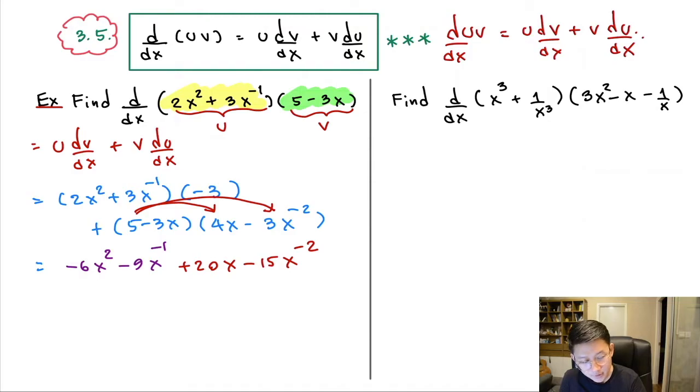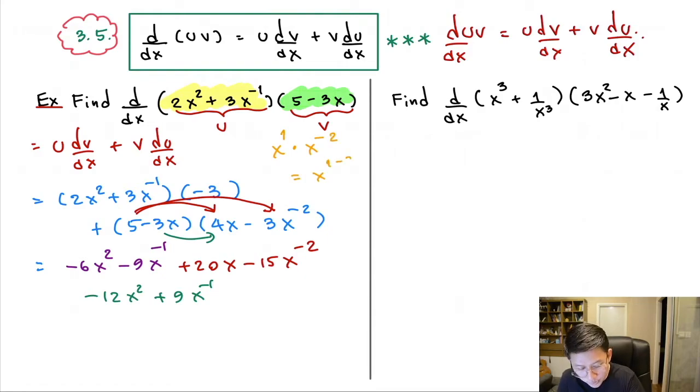And then I still have this part as well, which is minus 12x squared plus 9x minus 1. Guys, don't forget, x to the power of 1 times x to the power of minus 2 is x to the power of 1 minus 2, which is x to the power of minus 1.